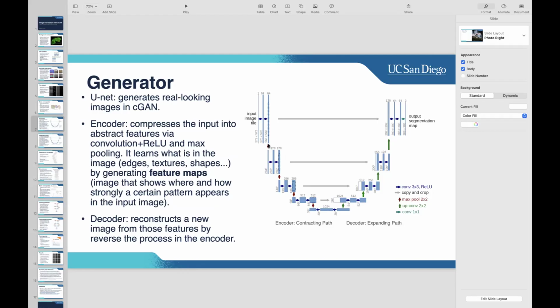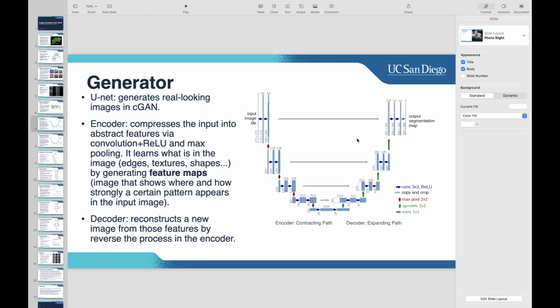It learns what is in the image by generating feature maps. The numbers here are the number of feature maps at each level of convolution and max pooling. These feature maps are basically images that show where and how strongly a certain pattern appears in the input image.